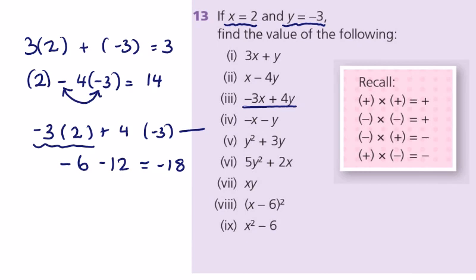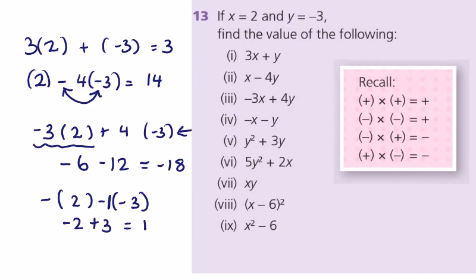Or just put all of this into your calculator and write the answer. Now, minus x minus y, the minus x is minus 2. And then minus y inside the bracket is minus 3. This is the same as having a 1 outside the bracket that we don't see. So we have minus 2, just one minus, and then two minuses will give a plus 3. 3 minus 2 is 1.